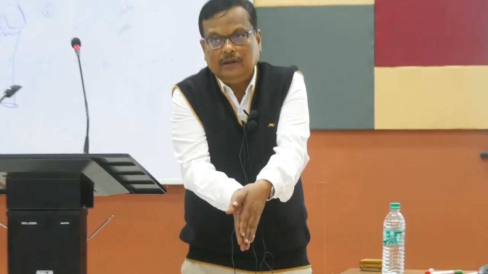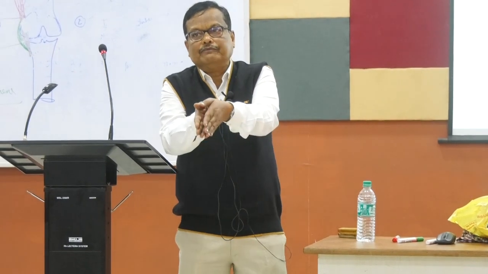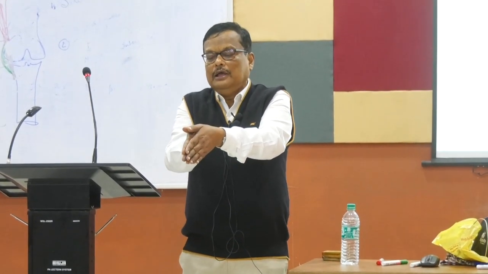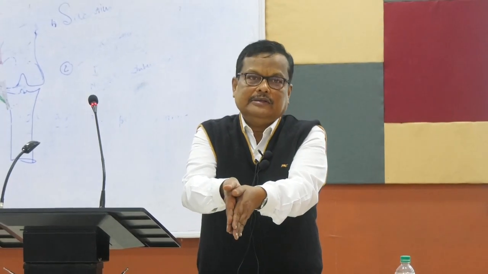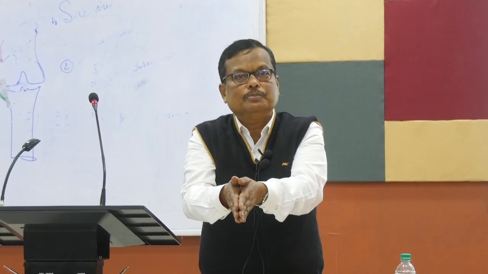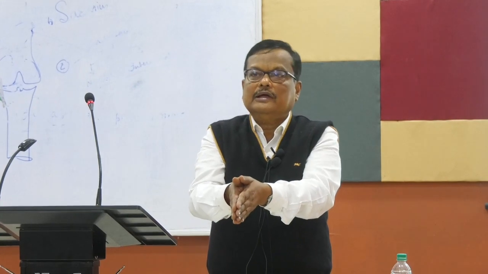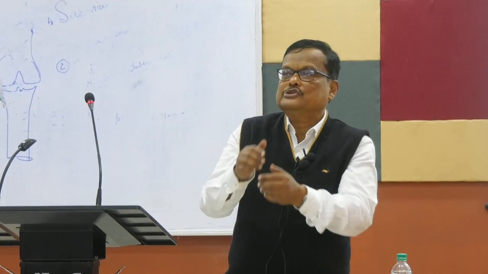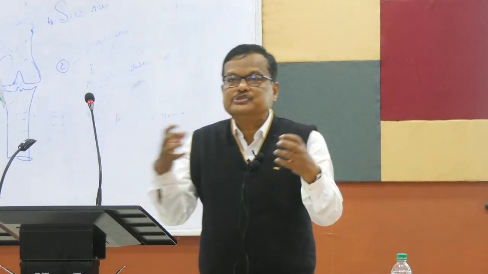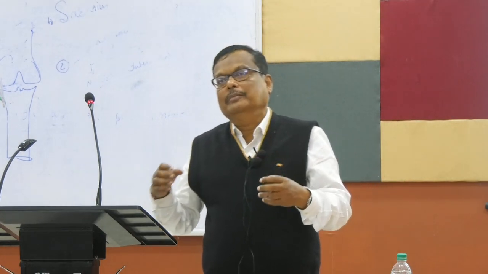Actually, after taking its attachment on the femur, it divides into two components. One stays inside, one stays outside. The one outside we call superficial, and the one inside we call deep. Then it attaches to the tibia and binds the tibia with the femur.